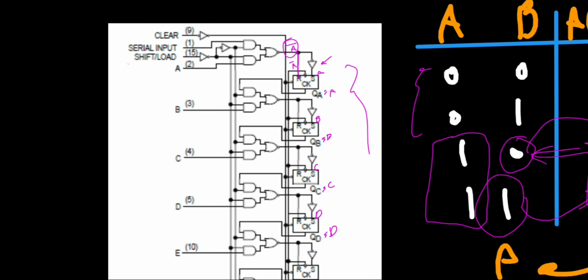Now let's say that we put the shift load equal to 1 and see what would happen. So if we have shift load equal to 1, the NOT gate would cause that we have a 0 here. So we have a 0 here, we would have a 0 in here. It doesn't matter what the other input of this AND gate is. As you see, A right now doesn't matter. The output of this AND gate is always 0 based on the value of shift load.